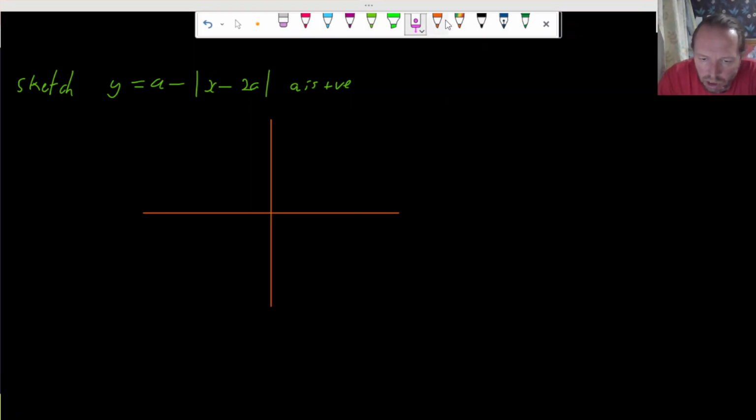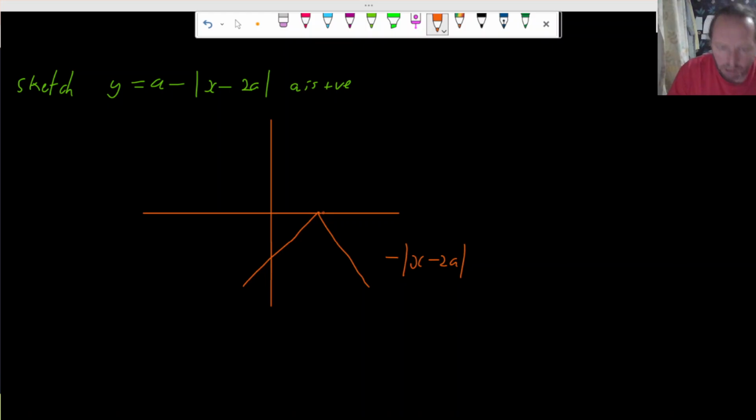So if we put in the minus modulus x minus 2a, which of course still comes through here at 2a and should come down through here at minus 2a.